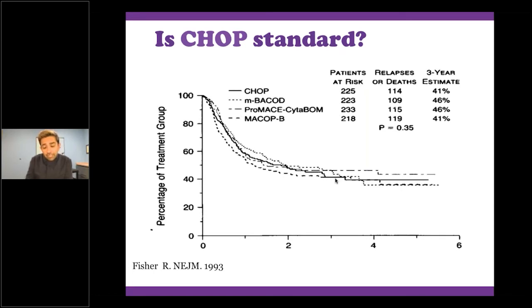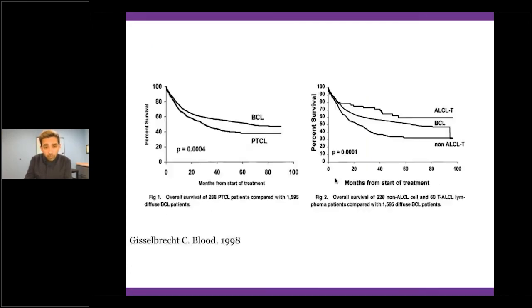So since the 1990s, CHOP was the treatment that we would give for both B cell as well as T cell lymphoma. However, as time went by, we started learning that patients with T cell lymphoma did not have as good an outcome as those with B cell lymphomas.